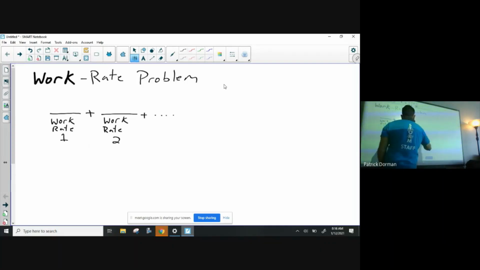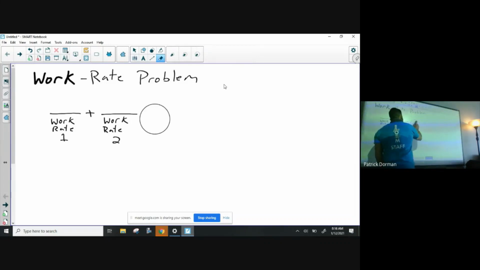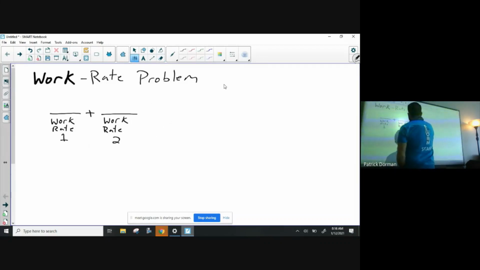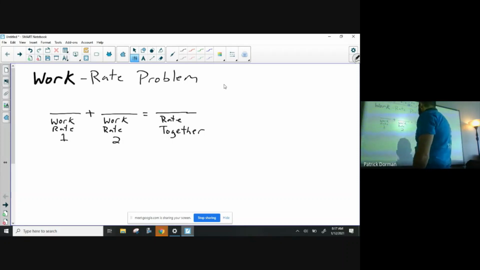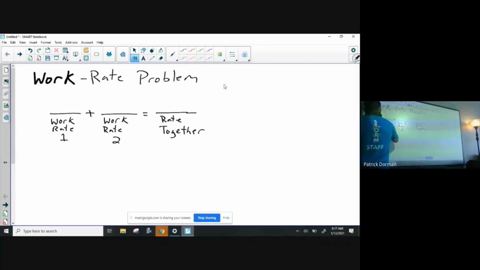We'll usually only be working with 2 or 3. We're going to say that's equal to the rate together. And that makes sense. You've got a work rate 1, work rate 2, work together. How much of the job do they get done is what's going to go on your numerator. Okay? How much of the job done?